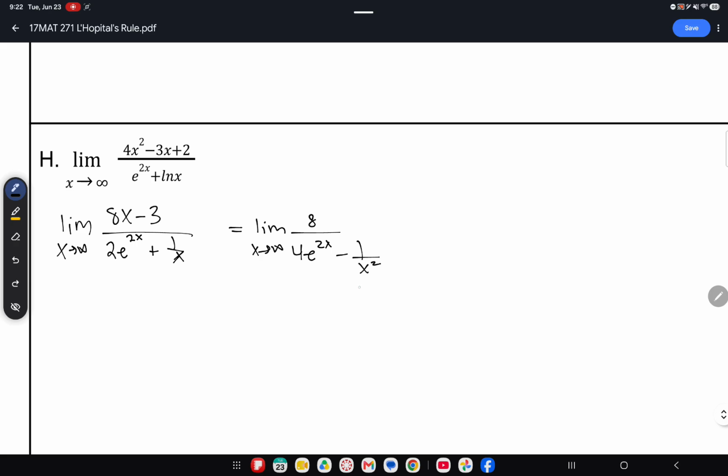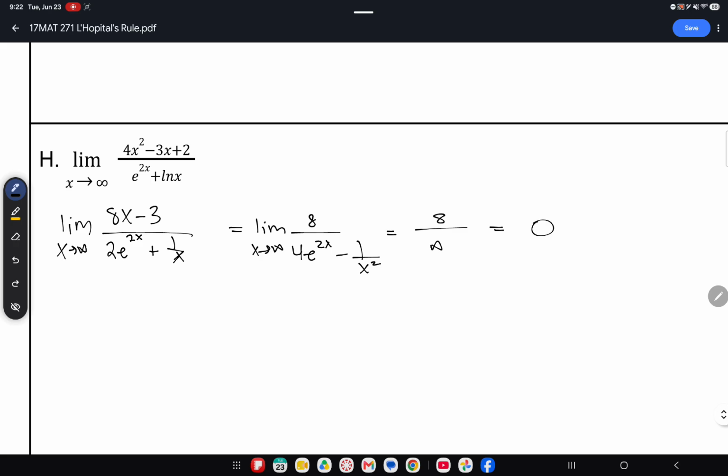Right? The more derivatives we do, the more negative that's going to get. So that number here is going to go towards 0, right? And then e to the 2x, it's going to keep growing. So really I have 8 over a really large number, which is going to go to 0.